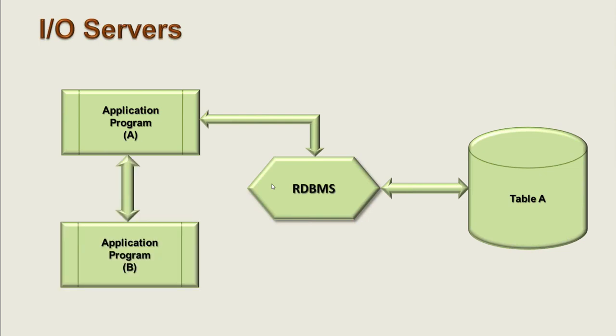So when program A calls program B, and program B also wants to do some sort of interaction with table A, that creates a second open data path. Unless you go to the trouble of doing a database override.